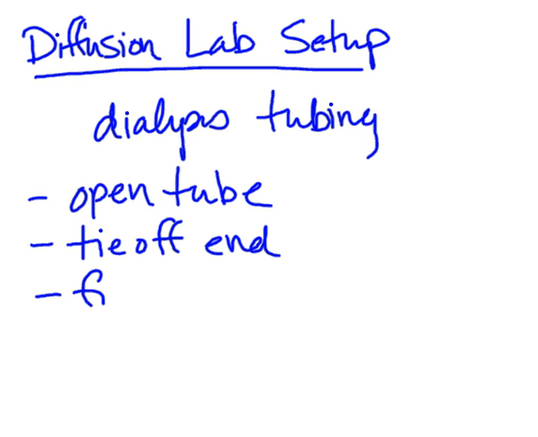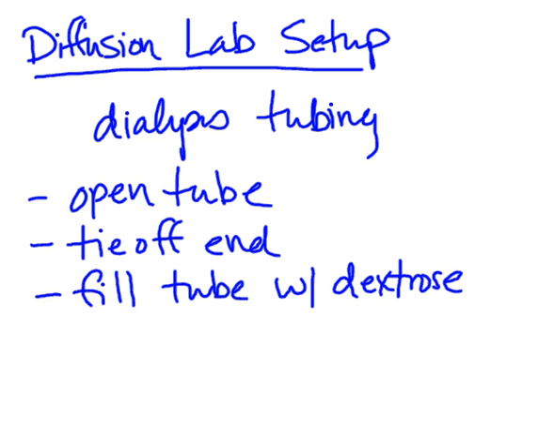You're going to fill the tube with a dextrose or glucose solution, and then you're going to tie off the other end.